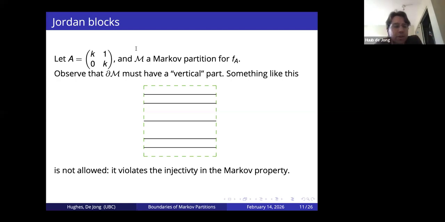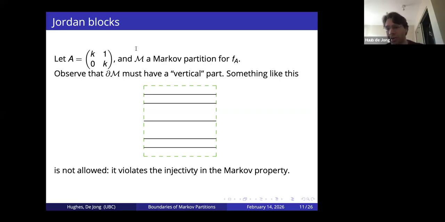In this case, something that we need to note is that if I have this Markov partition, then its boundary must have some kind of vertical component. In this picture, the green dotted line outlines the torus, so you should think of opposite sides of the green lines as being identified. The black lines are the boundary of a supposed Markov partition, a collection of cylinders that wrap around the torus.